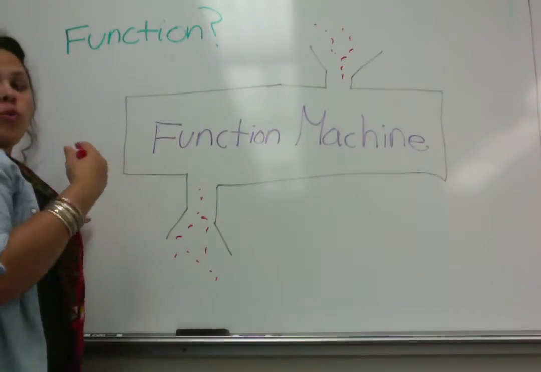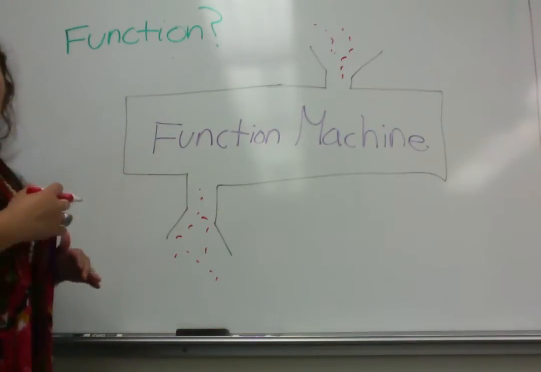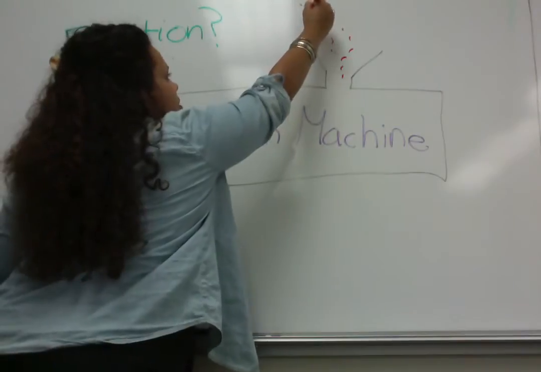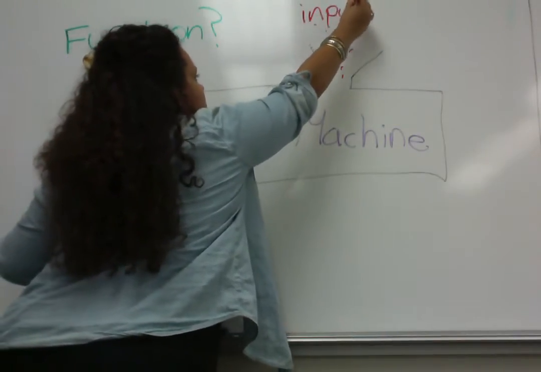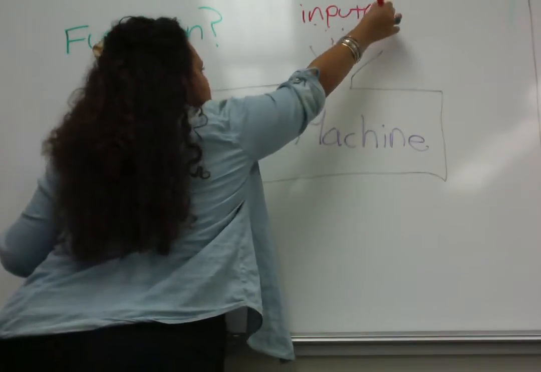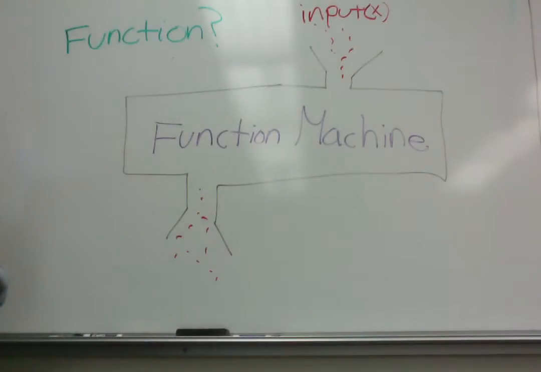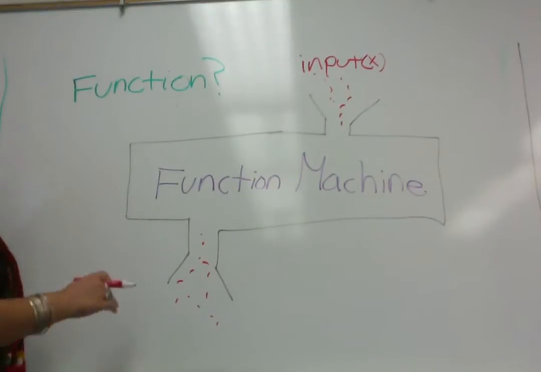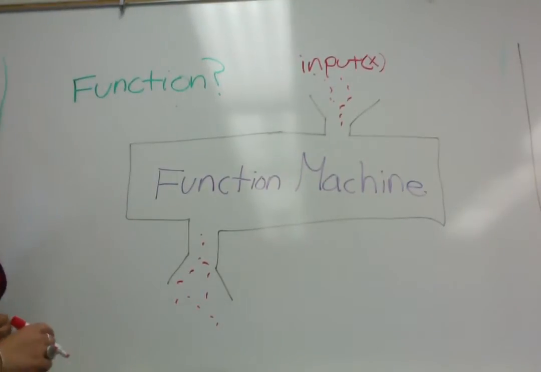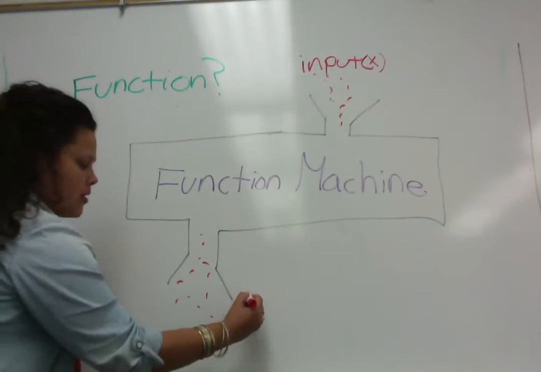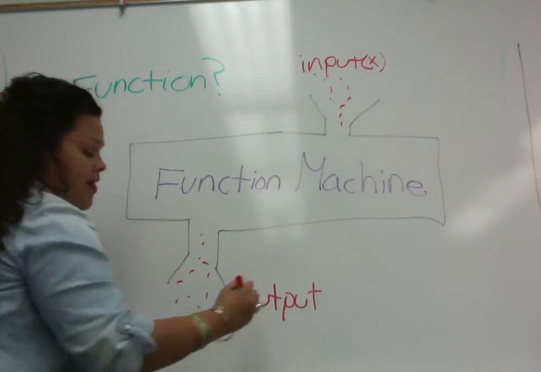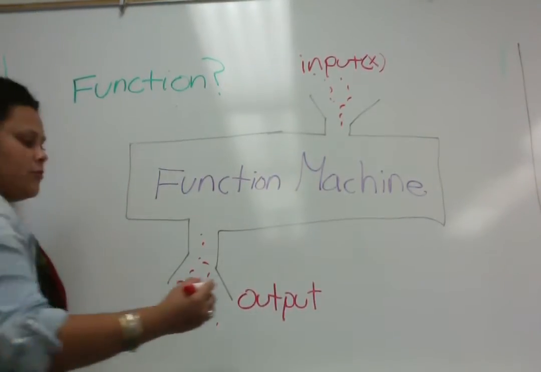The X represents the material that you actually put into your machine. So that will be called input. The stuff that you put out of your machine is actually called output. And that is actually the Y value.